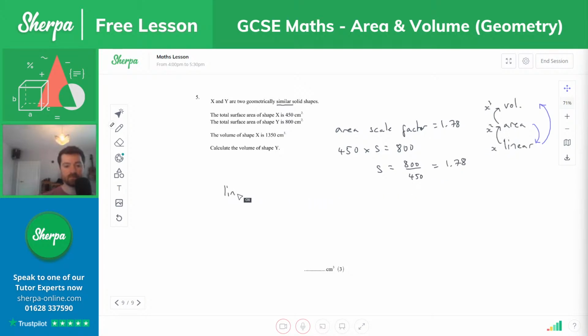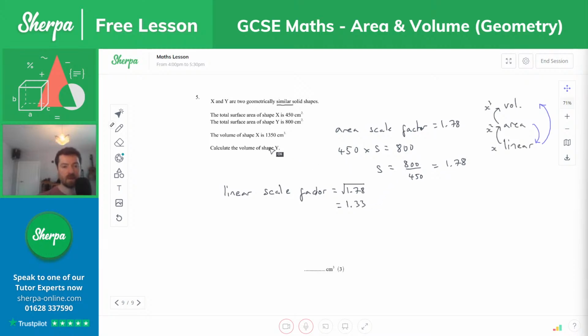So my linear scale factor is going to be equal to the square root of my area scale factor. I put that into my calculator, the square root of 1.78, and I get 1.33 recurring. That is my linear scale factor.